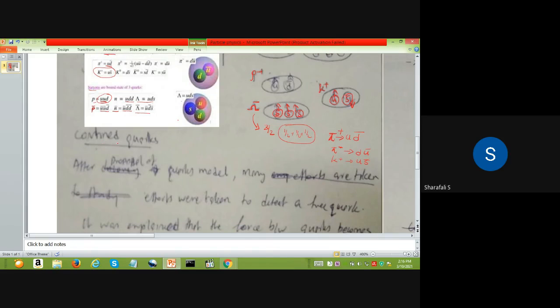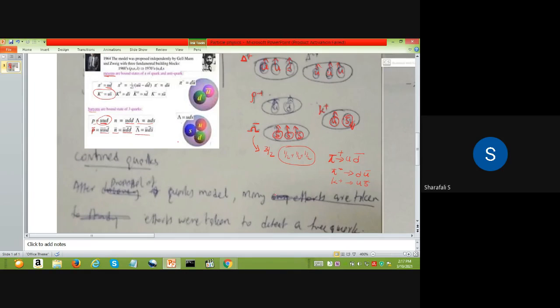Now, if you consider the confined quarks, how these quarks are confined in those particles, you can also see from here how we can represent this. For example, pi minus is nothing but D U bar, so D here and U bar here.